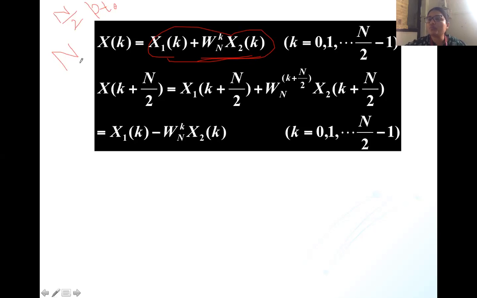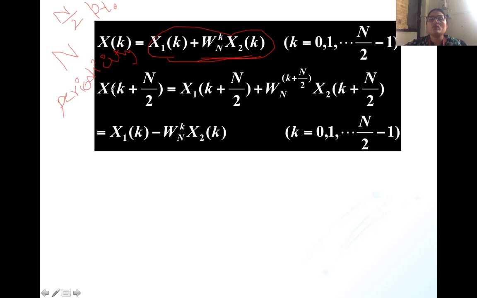The remaining N by 2 point DFT values I will have to calculate by using the periodicity property. What is the periodicity property? After the fundamental period, the sequence is repeating.